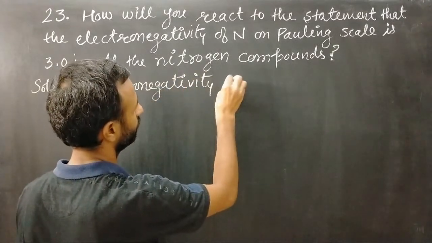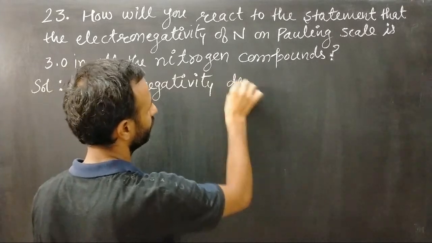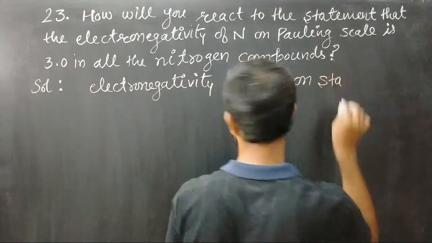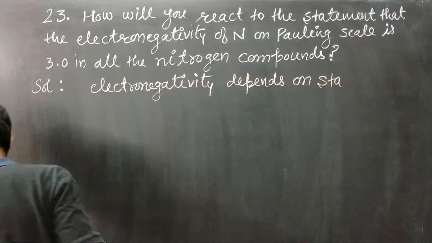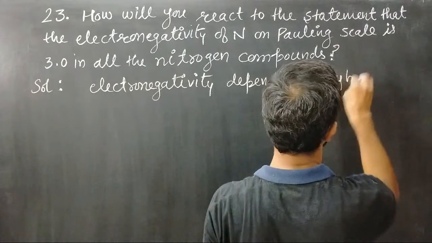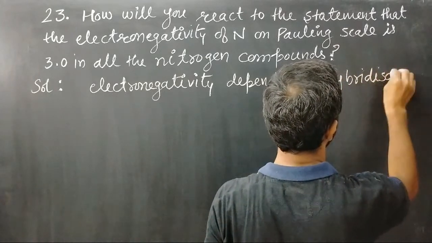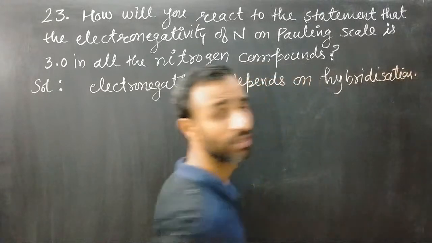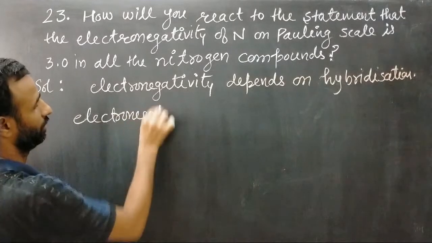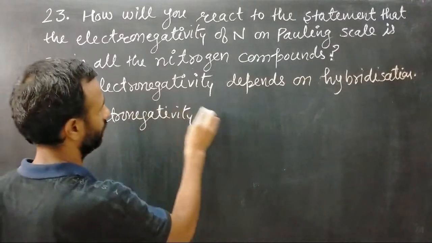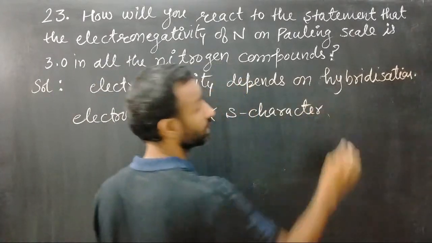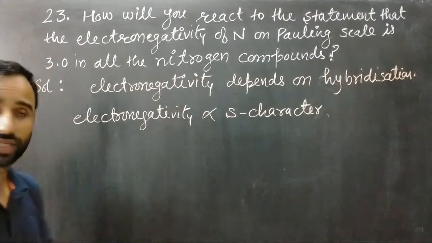Electronegativity depends on hybridization. That I told you on that day. The electronegativity is proportional to s character. More is the s character, more is the electronegativity. Right?